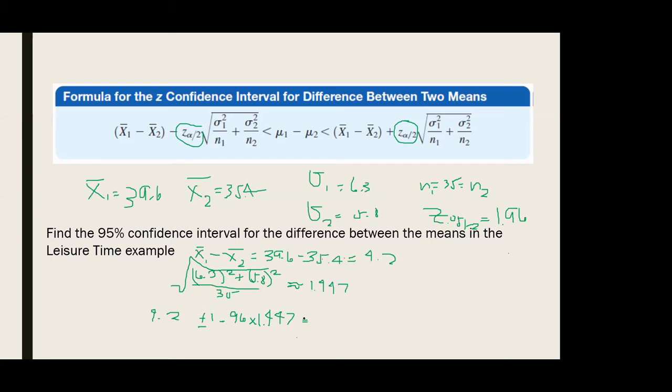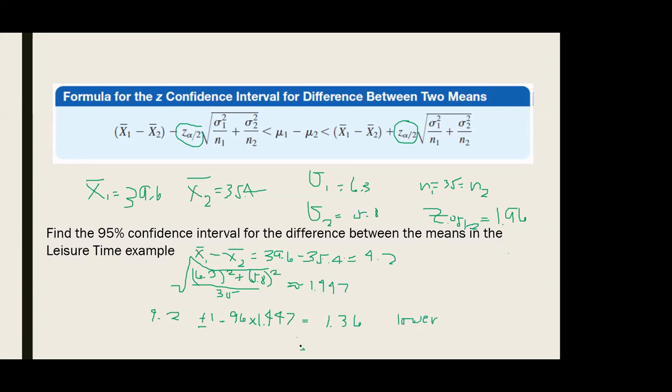Okay, so let's try first to get the lower boundary. So 1.36. This is the lower boundary of our range.